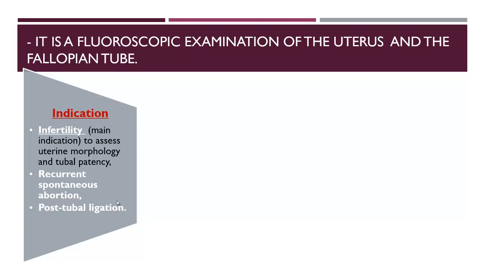Ultrasound will be better. And post-tubal ligation, in order to assess that the tubes are ligated, or after tubal recanalization, whether interventional or laparoscopic, we can do hysterosalpingography afterward to assess that the tubes are patent.